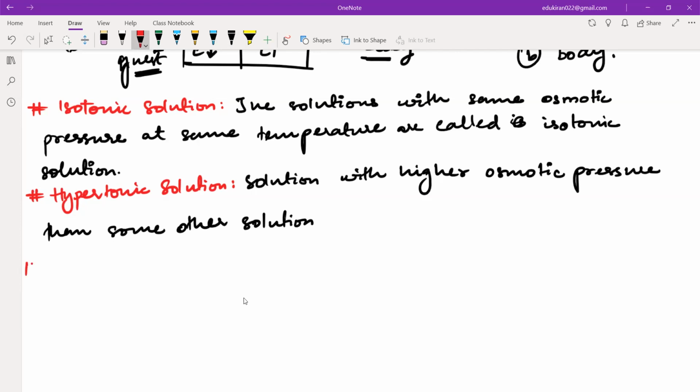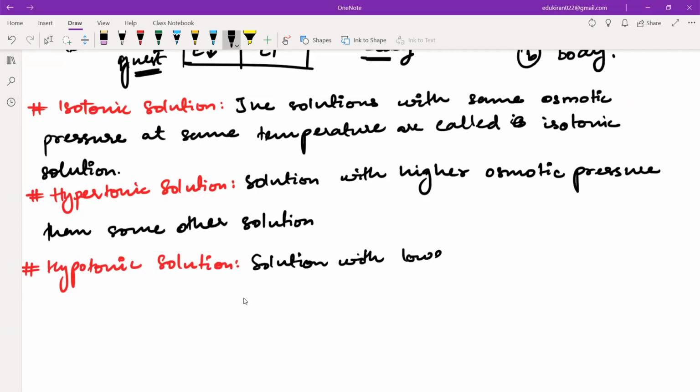Then there is another word, hypotonic. Definition: solution with lower osmotic pressure than some other solution.